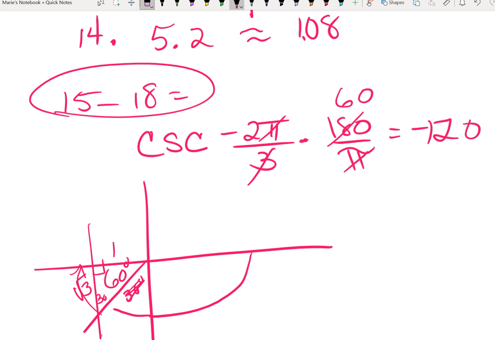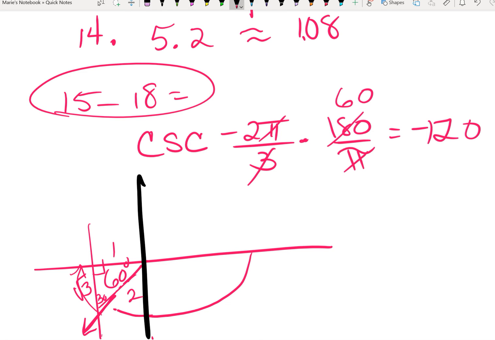And if you have trouble remembering this, like some of us do, especially as we get older, this is the hypotenuse, is how I remember it. So this is your 2, plain old 2.